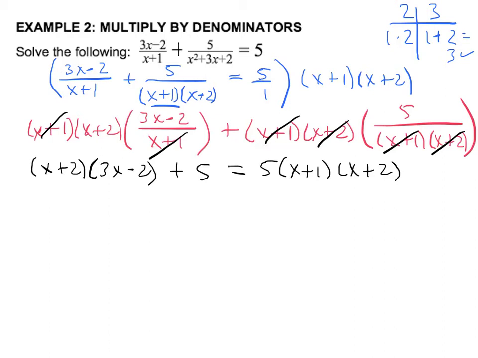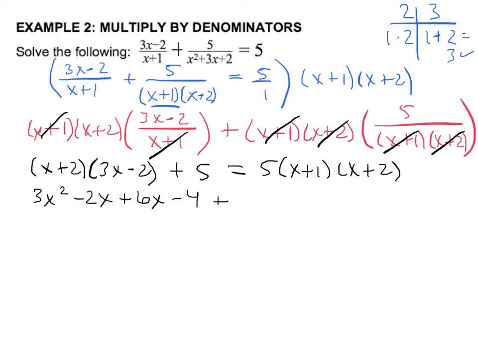So on the left side, we have to FOIL out our first part. So that's going to be 3x squared, just the x times the 3x. The outside terms would give you minus 2x, inside would be plus 6x, and then the last terms give us minus 4.